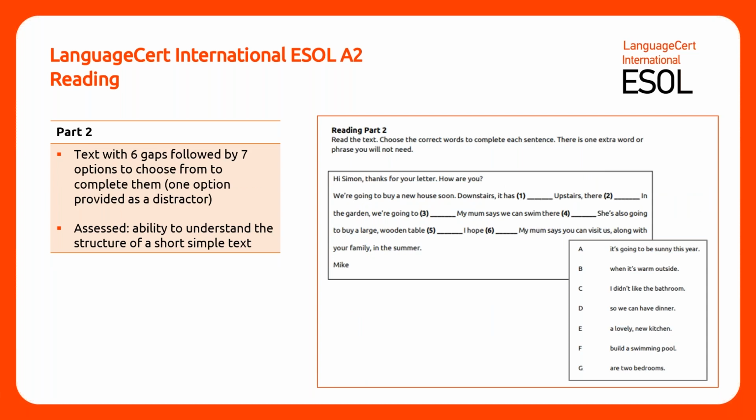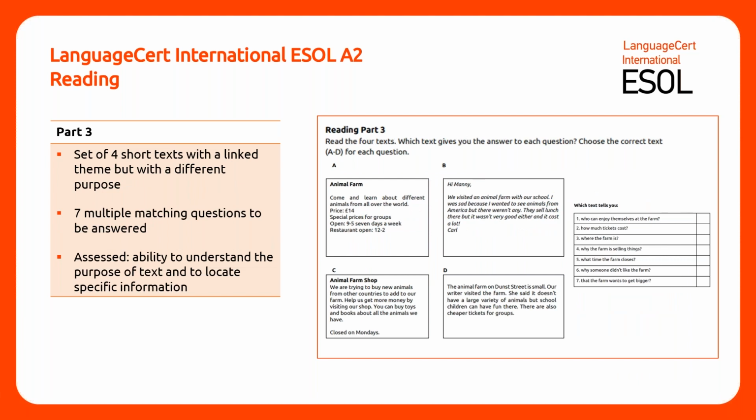Part 2 presents candidates with a text with 6 gaps, followed by 7 options to choose from to complete them. One option is provided as a distractor. This task aims to assess the candidate's ability to understand the structure of a short, simple text.